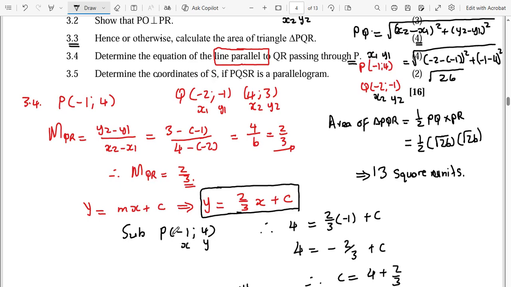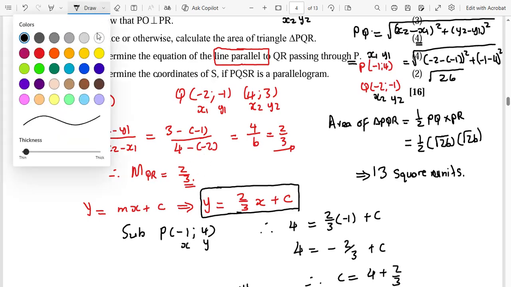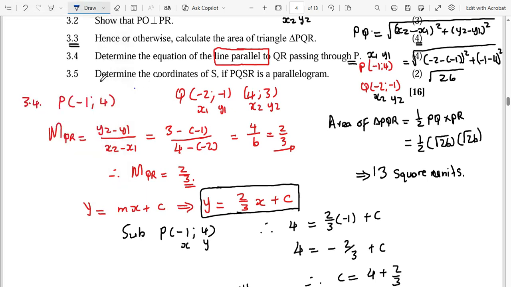Okay, so now I need you guys to look at this question, 3.5. This is for 2 marks. I'm just going to give you the answer, and I need you to fight with 3.5. Once I start seeing comments, this proves that you finished this video. So 3.5 says determine the coordinates of S if PQSR is a parallelogram.